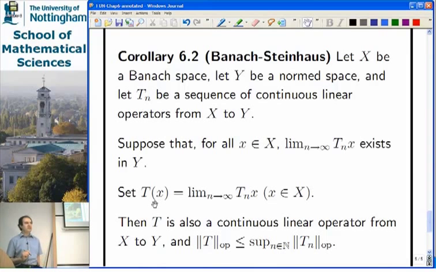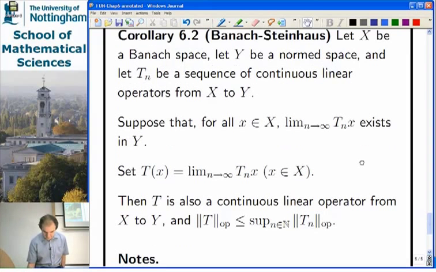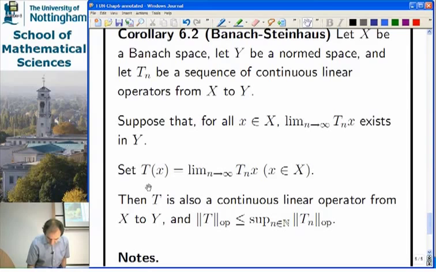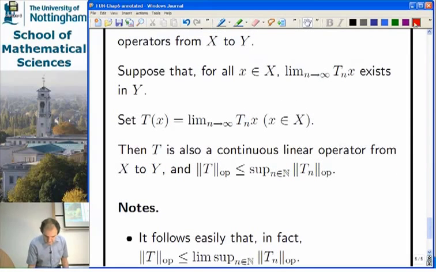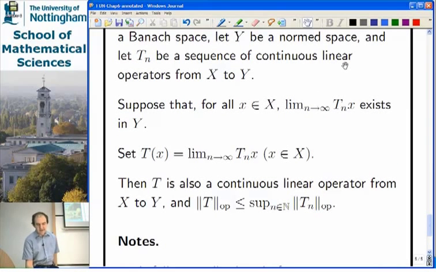Now it's very easy to see that T is linear. Just from the fact that if a sequence of linear operators converges pointwise to another function, it's easy to show that thing is another linear map. So that's the linearity. The fact that T is linear is easy.